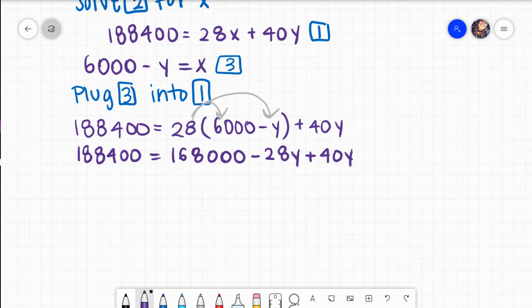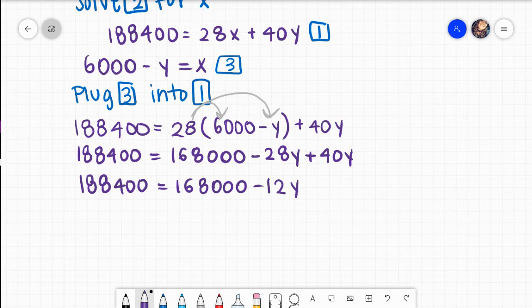I notice on the right-hand side I have common terms, so I'm actually going to just write my left-hand side the way it is. My 168,000. Okay, so negative 28 combined with a positive 40, signs are different, so you would subtract, keep the sign of the larger, keep your variable, keep your exponent.